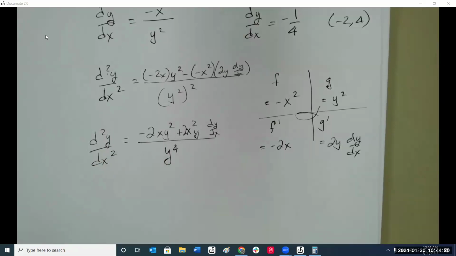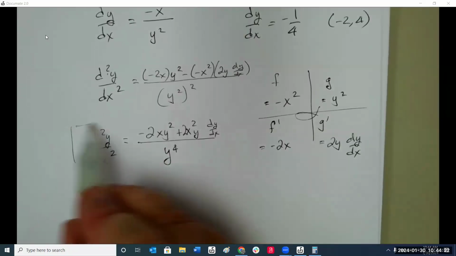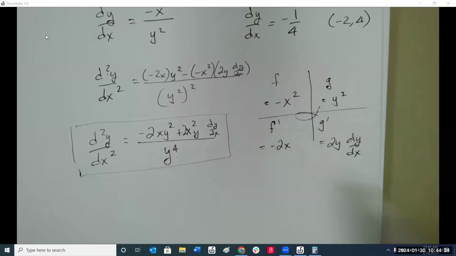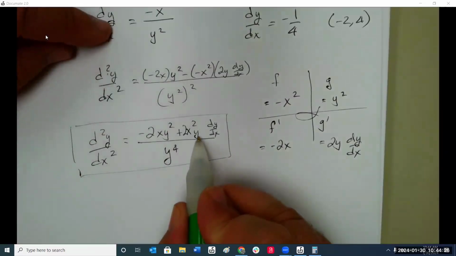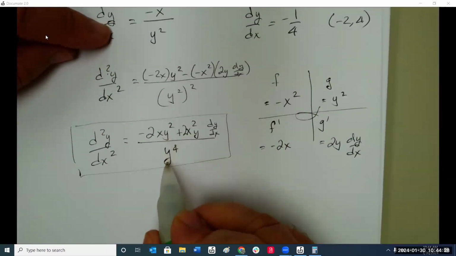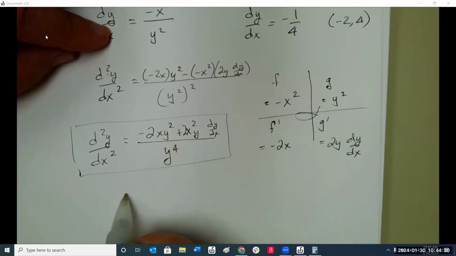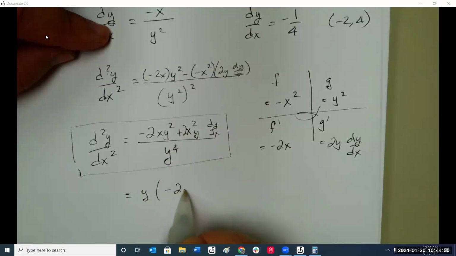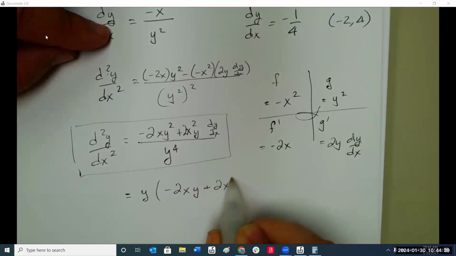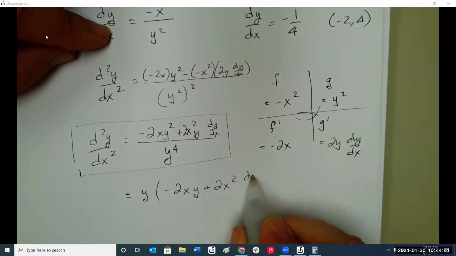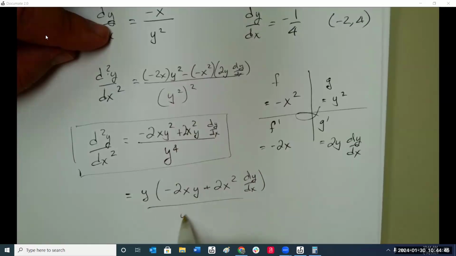What do we do now? You can cancel out. Can you cancel out? Well, we can factor out one of the y values. We get negative 2xy plus 2x squared dy/dx, over y cubed, so that cancels one of the y values.